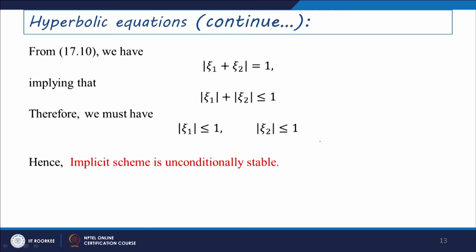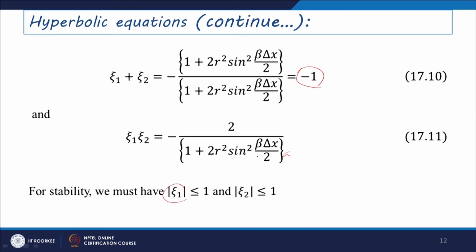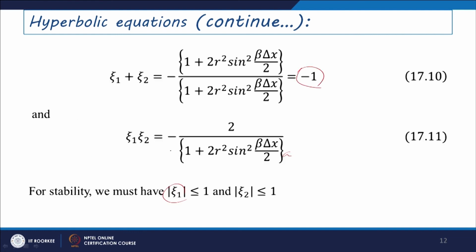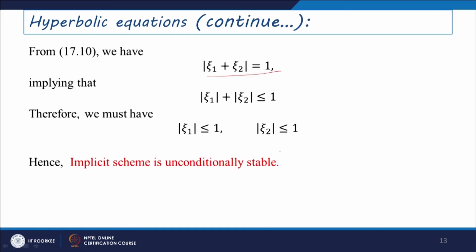if you put this condition in the second equation, zeta 1 plus zeta 2 has a minus 1 there itself. So we have two conditions to be satisfied: the absolute value of zeta 1 plus zeta 2 equals 1, and zeta 1 zeta 2 is minus 2 by 1 plus 2 r square sin square beta delta x by 2.